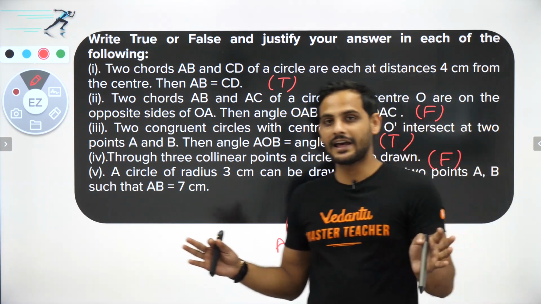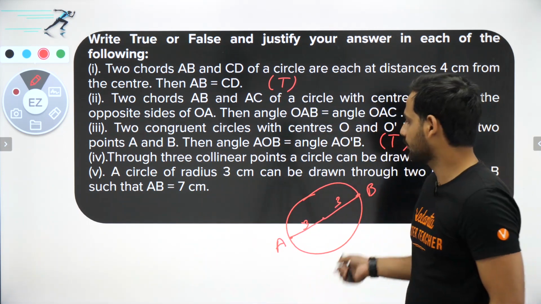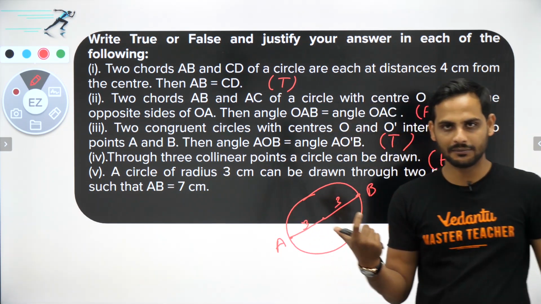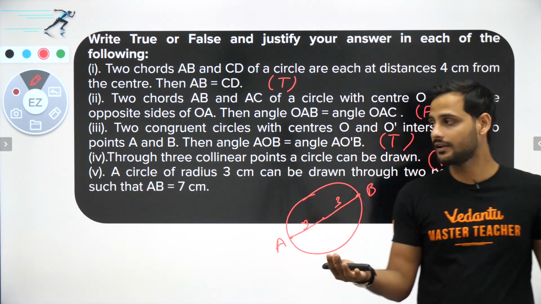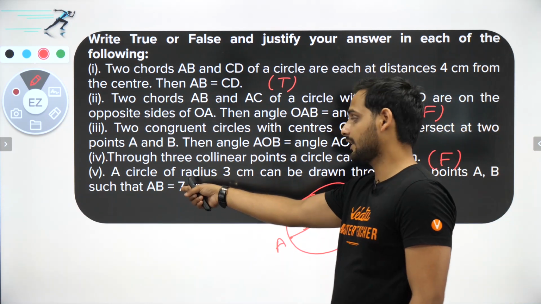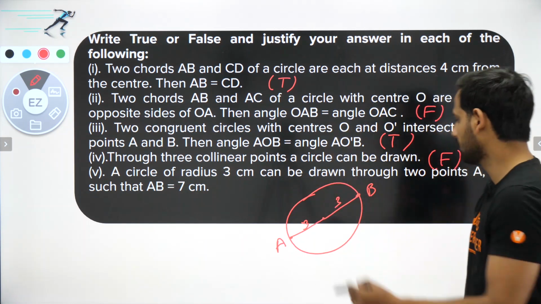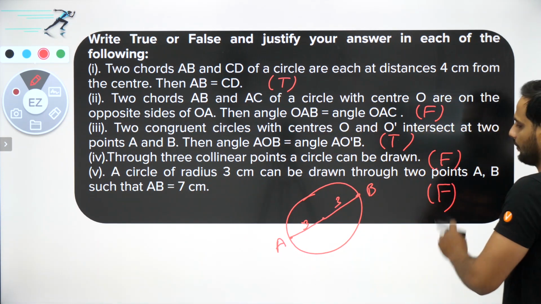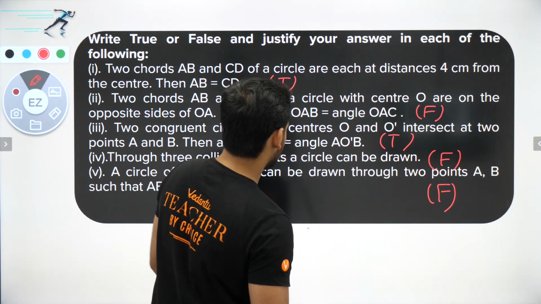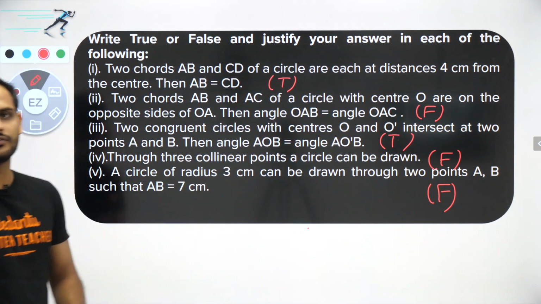Because the diameter is the largest chord. So for this circle, the largest chord possible is 3 plus 3, which is 6 centimeter. But they are saying AB is 7 centimeter apart. Nope, not possible. So here, if AB was 6 centimeter, it would have been true, but this would be considered false. Okay, so this is the solution for the first question.